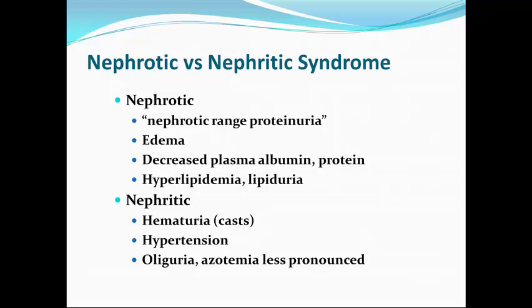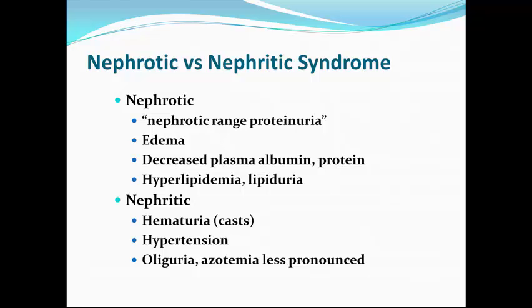Things that we would look for, once again, would include edema, because even though the protein is less pronounced, there is proteinuria, but the edema in a nephritic syndrome is peripheral and less likely to be central as well. Nephritic, because it is more likely to be inflammation-based, is what we're likely to see maybe in IgA nephropathy.